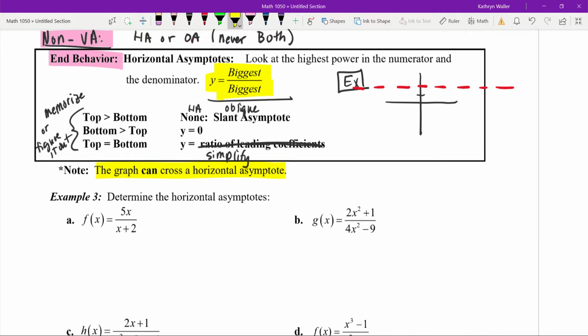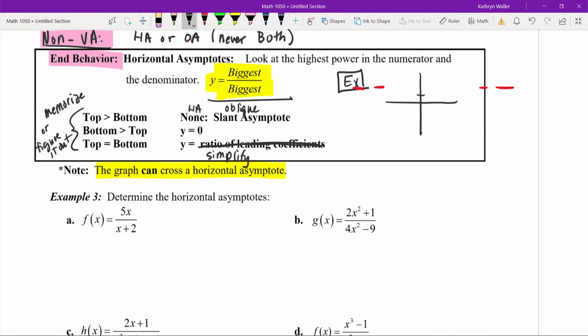You can never cross a vertical. A non-vertical or some kind of an oblique, you can cross it. So I need you to take your eraser and get rid of the center. So when you draw a horizontal, you're only going to draw the far right and the far left. The middle, we don't know. We're going to figure it out.